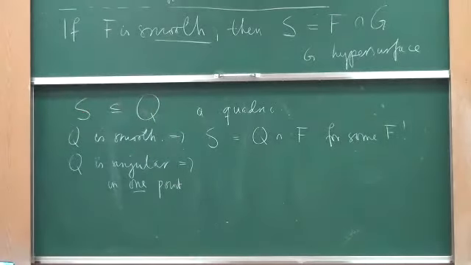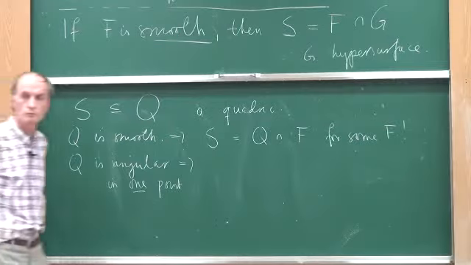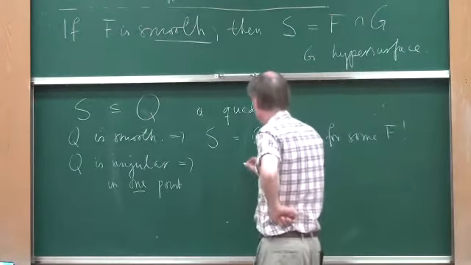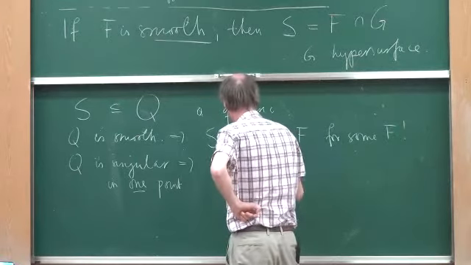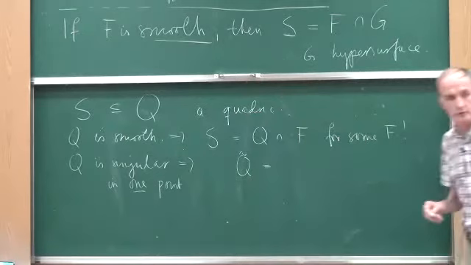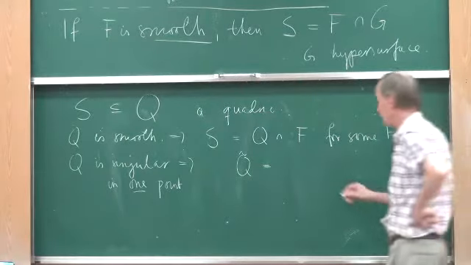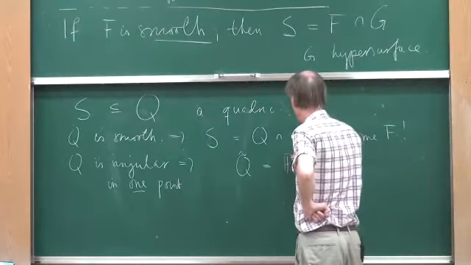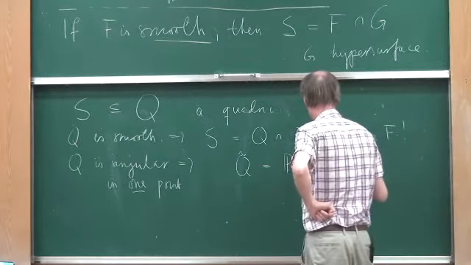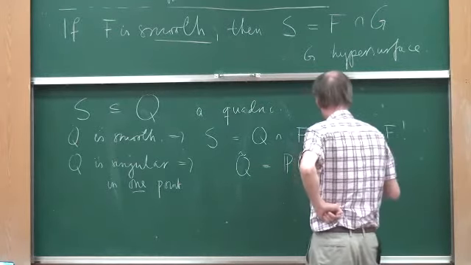So just deal with that case. So assume that Q is singular in one point. Then I can blow this point up, or we can resolve this singularity, and you get the P2 bundle over P1 of the following kind.